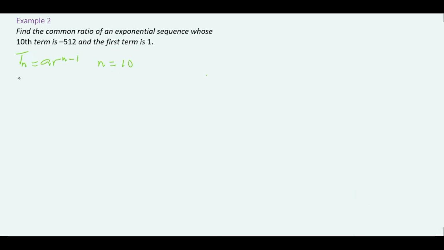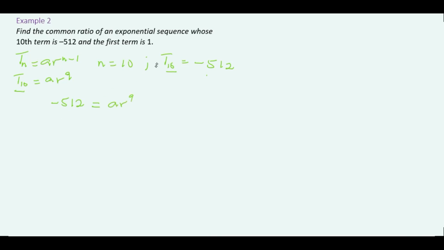So we now have the 10th term is equal to ar raised to power 10 minus 1, which is 9. We have been given that the 10th term is equal to minus 512. So minus 512 is equal to ar raised to power 9.